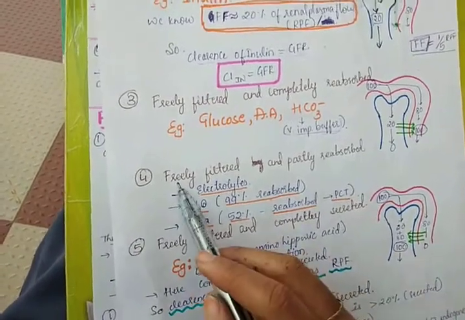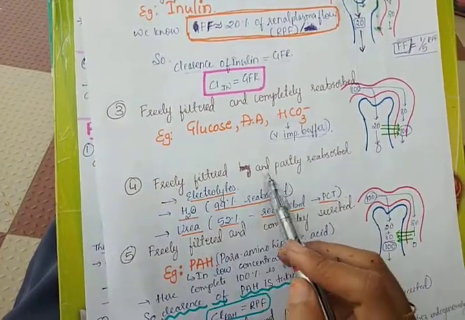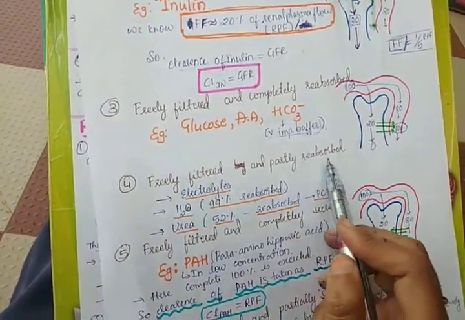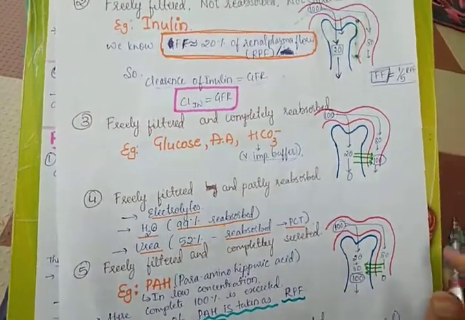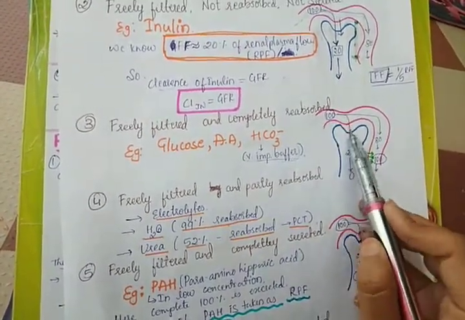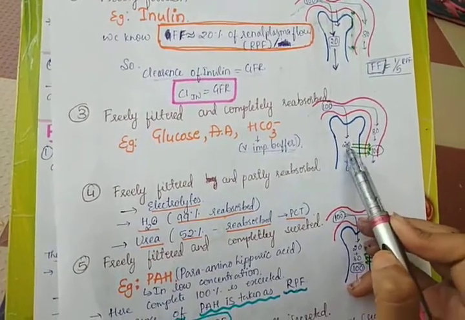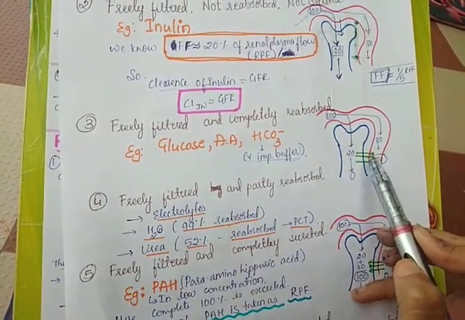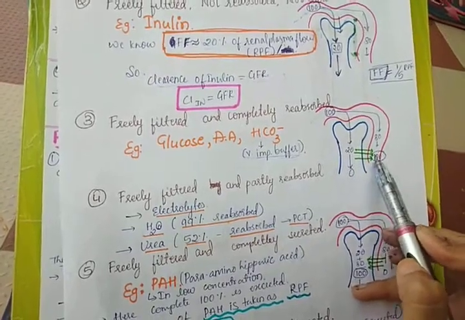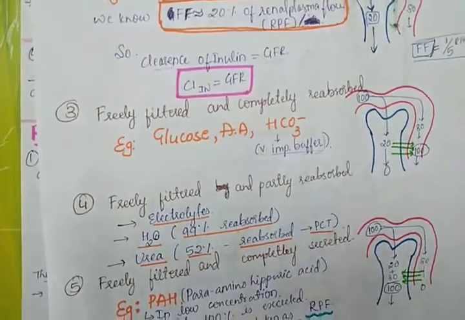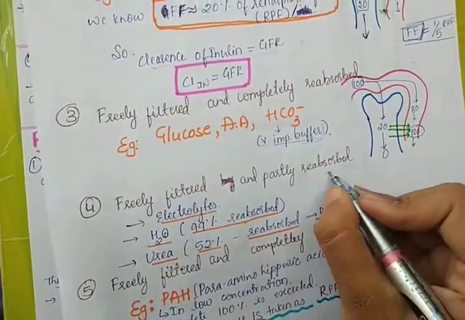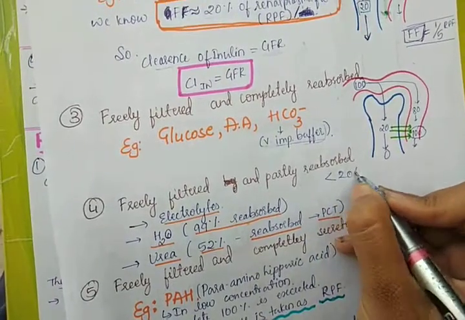The fourth substance is freely filtered and partly reabsorbed. That is, the 20% which is present in the nephron is reabsorbed, but not completely. So the urine concentration of this substance will be less than 20%.